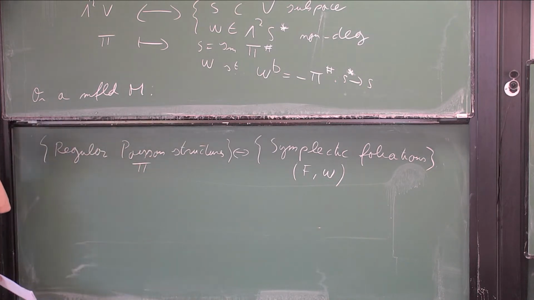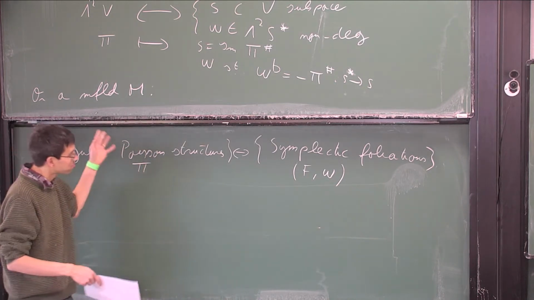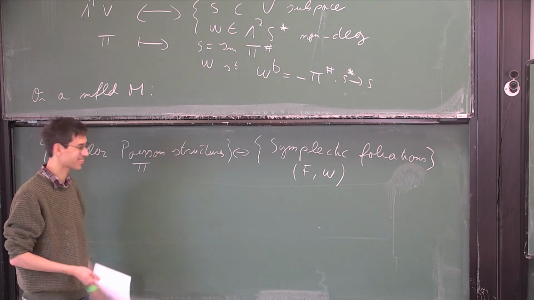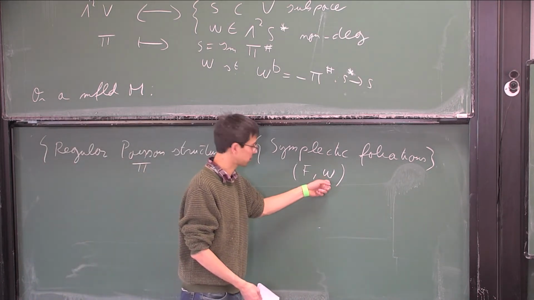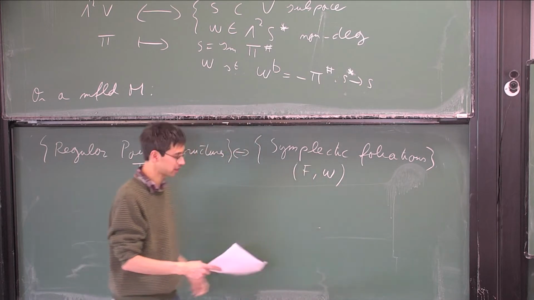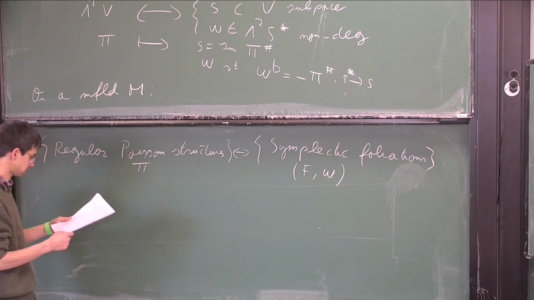F is a foliation, the so-called symplectic foliation associated to the Poisson structure, and omega is a foliated 2-form. I'll write that down explicitly because it's kind of standard.